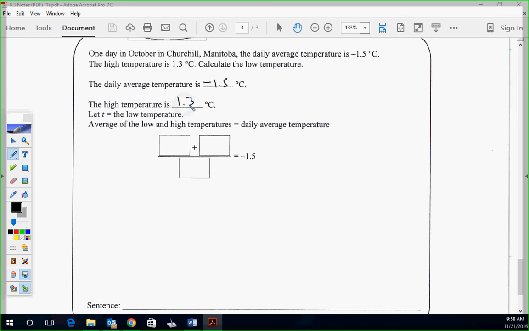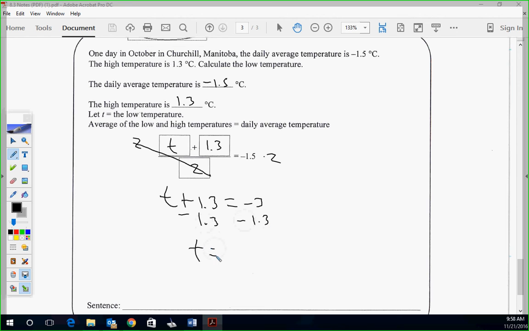Let T be the low temperature. So we're doing T plus 1.3 over 2 equals negative 1.5. So our first step, we times by 2. Remember, we're not going to distribute. We're just going to cancel it. A couple of you guys, I saw 3 or 4 of you do this. You subtract here. It's not times 1.3. It's plus 1.3, so you minus 1.3.